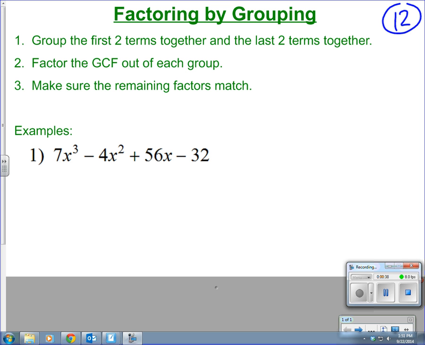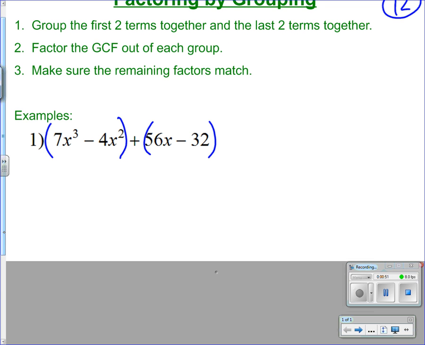Since there are 4 terms, we want to group the first 2 terms together and the last 2 terms together, and then factor out the greatest common factor in each group. In the first group, 7x cubed and 4x squared, the greatest common factor is x squared, which leaves us with 7x minus 4.